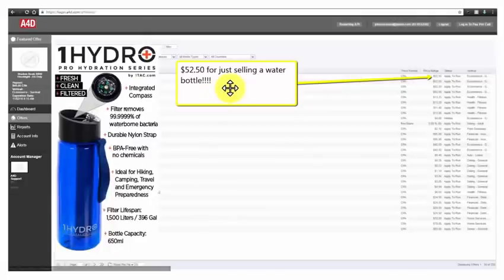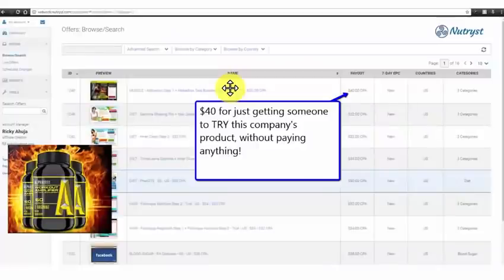Now, this is an example of extreme marketing, and many people don't even know about these possibilities, but there are companies out there that are dying to have new customers come into their company. They're in growth stages of their company's trajectory, and they're willing to pay more money than they're even making to get people to try their products.